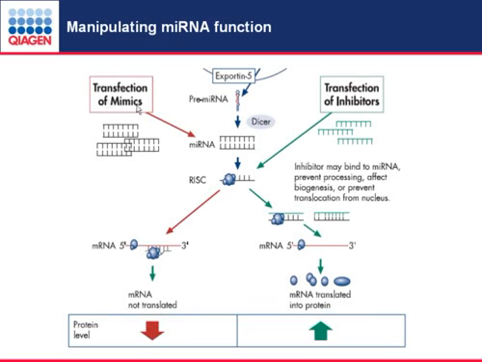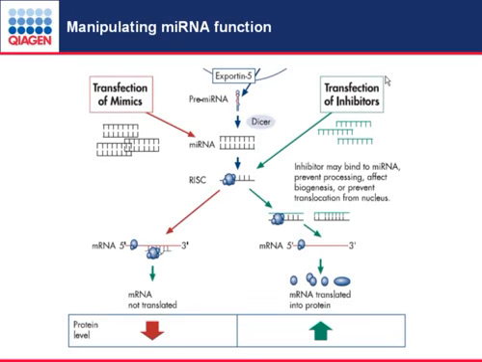Once transfected into cells, synthetic mimics mock the endogenous activity of microRNAs, and what this does is that the mimic then binds to its mRNA target, and the mRNA is not translated, leading to a decrease in protein levels. In its counterpart, the miScript microRNA inhibitors are synthetic single-stranded chemically modified RNAs that specifically inhibit microRNA function after transfection into cells.